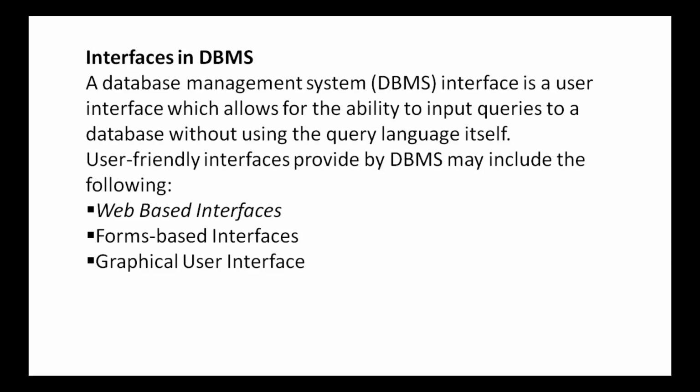When a database system needs to interact with a DBMS, with queries or application programs, we need an interface. That interface is the GUI, graphical user interface, or user friendly interface. It allows the ability to input queries to a database without using the query language.